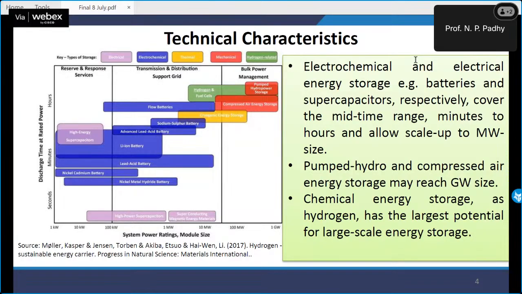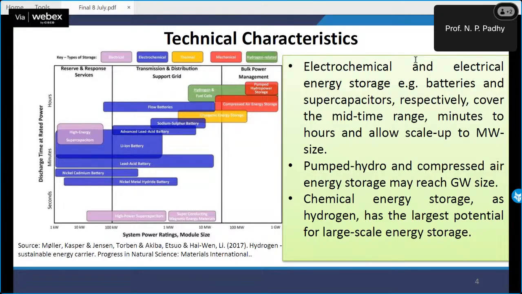So transmission and distribution support, grid, minute discharge, 200 to 300 kilowatt or probably megawatt level, I think lithium ion would be an interesting choice. But if you're going for, let's say, 1 gigawatt bulk power management, where it needs to be discharged in hours, then to me it is pumped hydro storage, the last block. So we need to plan what exactly we like to do for what application.